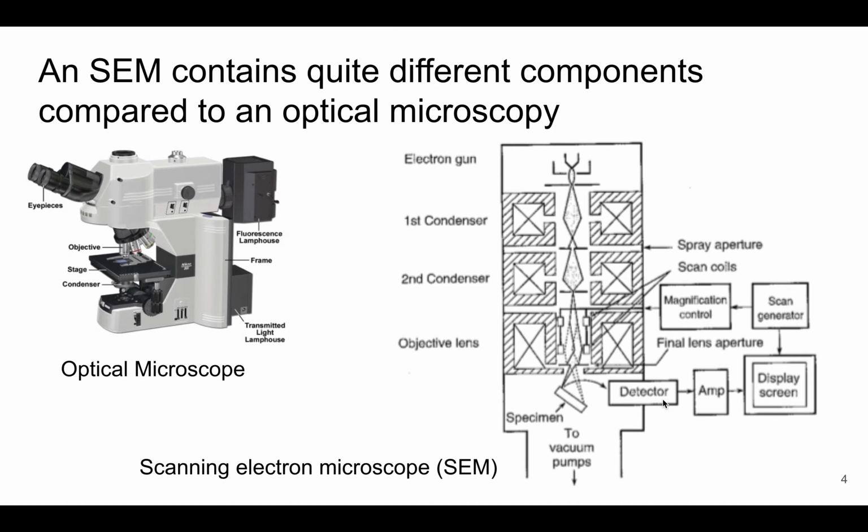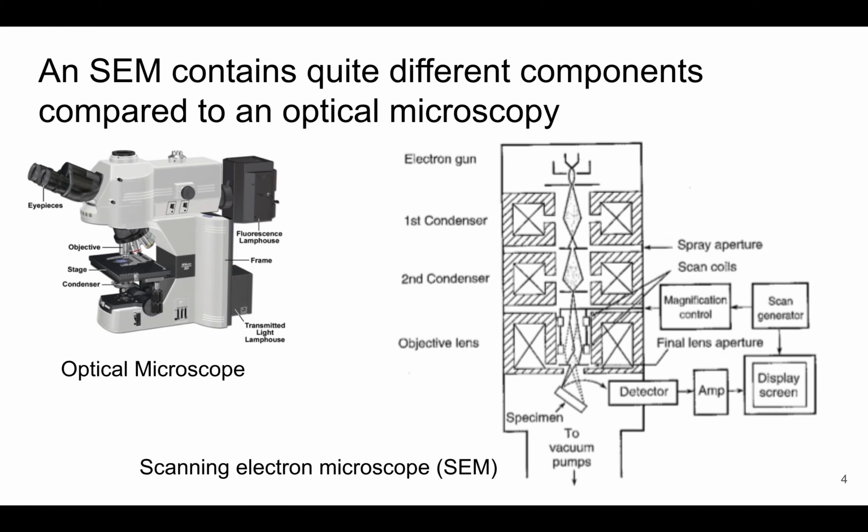There are quite a few different components compared to a light microscope, but a lot of the things are the same. First of all, we need an illumination source, just like in a light microscope. Here, it's an electron gun. So similar, but different. Here we have high energy electrons as opposed to visible light radiation.